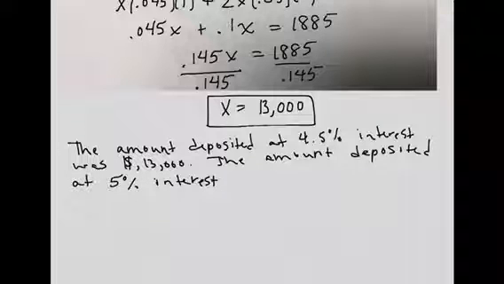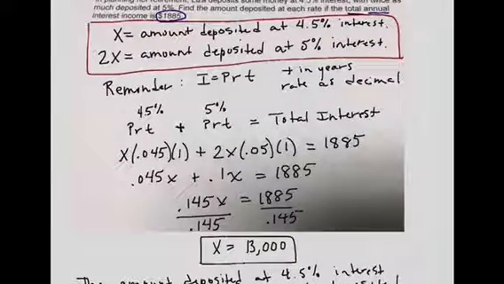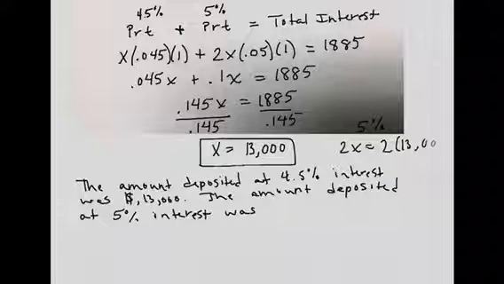Let's slide back up to see what our key says. 5% interest we see was found by looking at 2x. Since we now know what x is, we can say for the 5% is 2x, which is 2 times 13,000. So if we multiply that out, we get $26,000.